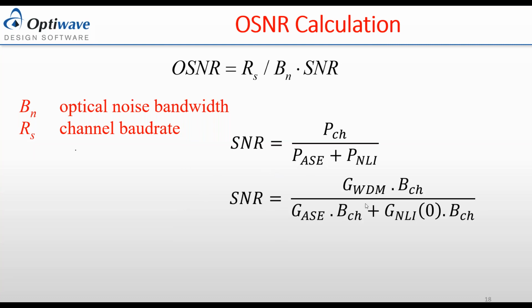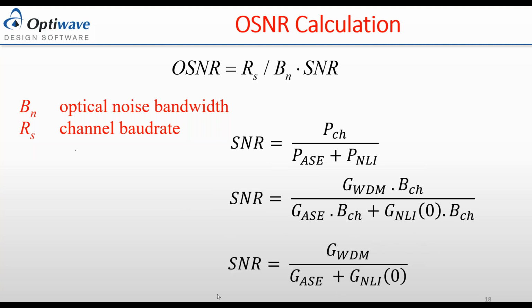If you simplify the equation and plug in this equation here, you can simplify to this, and the final equation would be: the electrical signal to noise ratio is the power spectral density of the overall DWDM signals divided by the power spectral density of the ASE and the power spectral density of NL interference at F equal to 0. And these are the equations. Earlier we did the calculation of this part, and this part is coming from the EDFA noise figure basically.